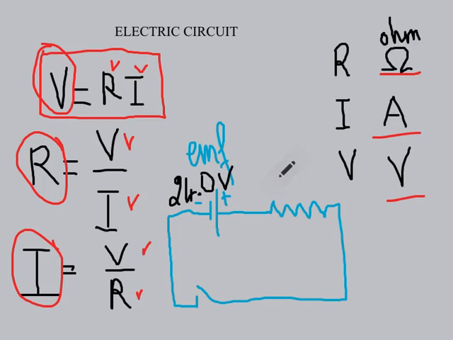Our resistance is 12.0 ohms. And the question is, what is the electric current value? So once you close the switch here, it is very important that you understand how to draw the direction of the electric current.